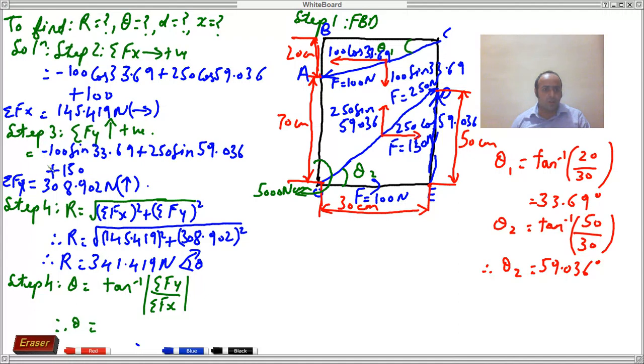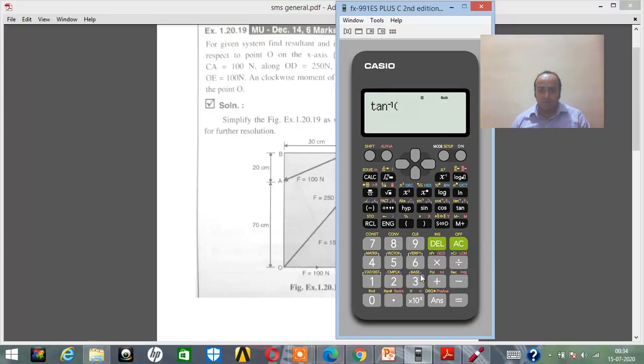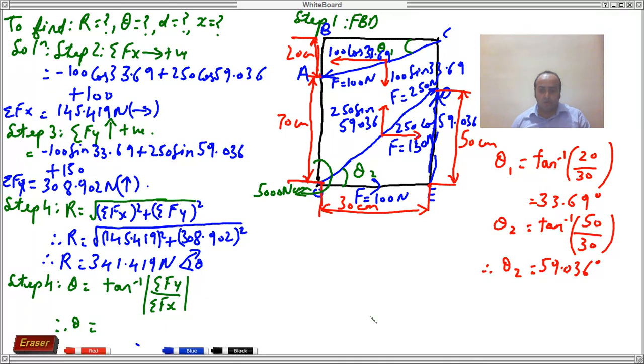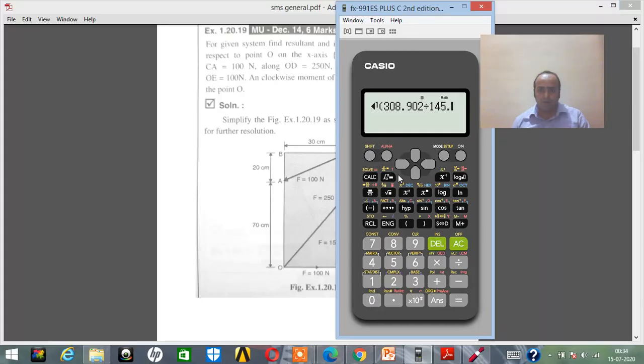Summation Fy 308.902 divided by 145.419. So here it is.